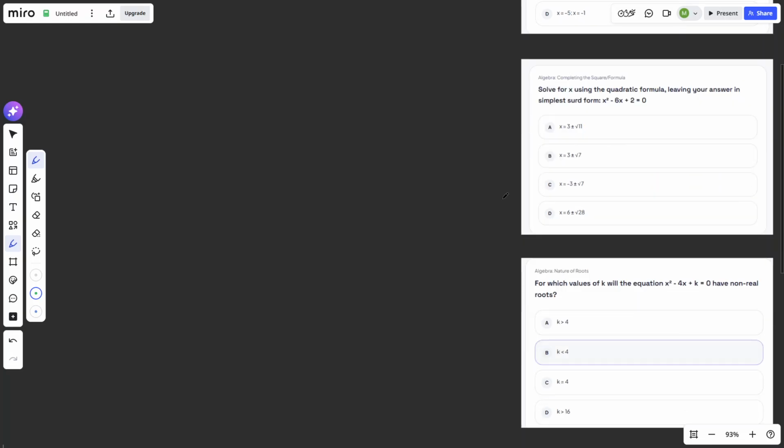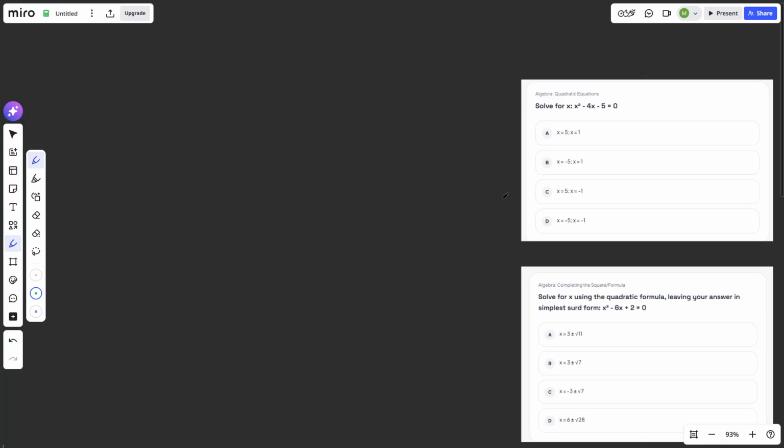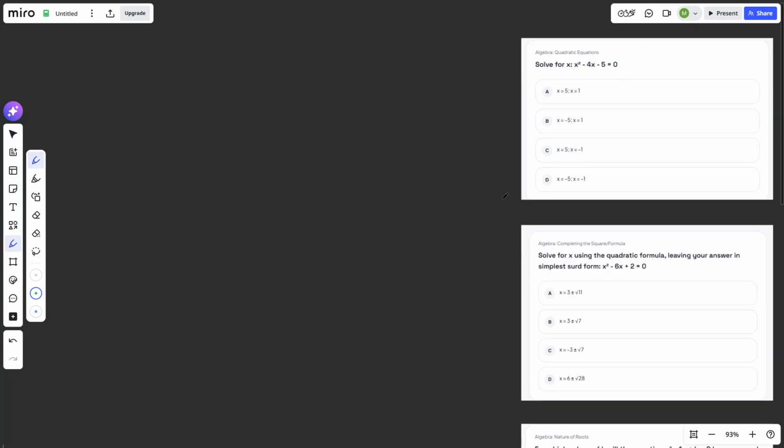And then lastly, we're going to be finding values of k such that our equation would not have real solutions, okay, for that value of k. So we're gonna be starting off with question one.